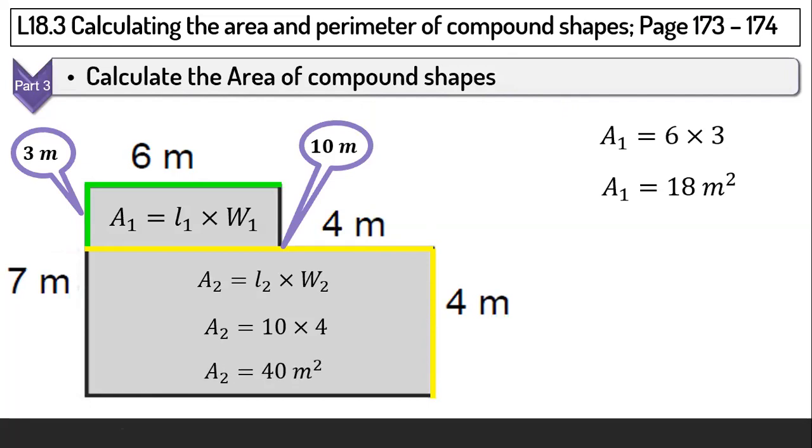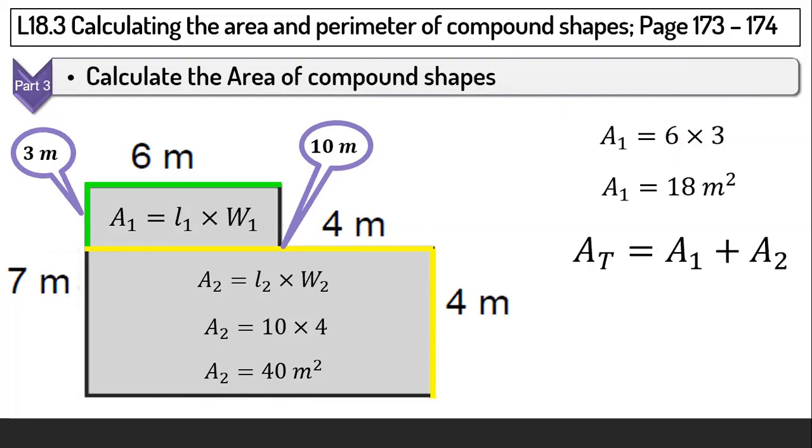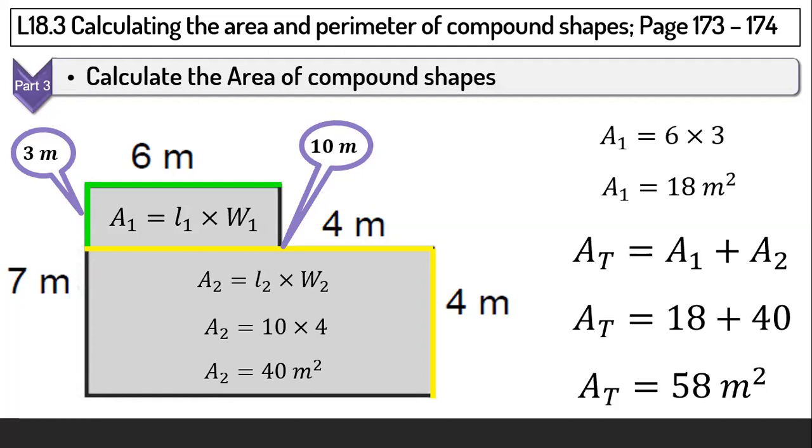But I didn't finish. I should find the total area. So what will I be doing? Total means area 1 plus area 2. Area 1 is 18. Area 2 is 40. When I add them, I get at the end 58. So no matter how you cut it, you will end up with the same answer.